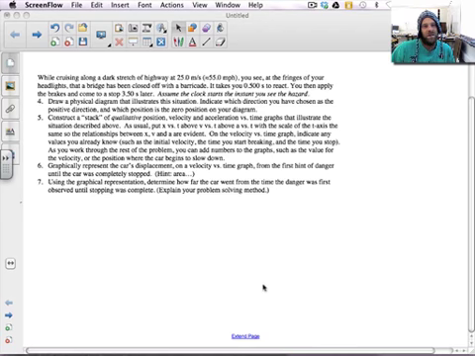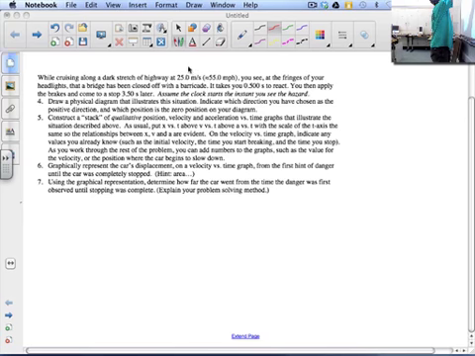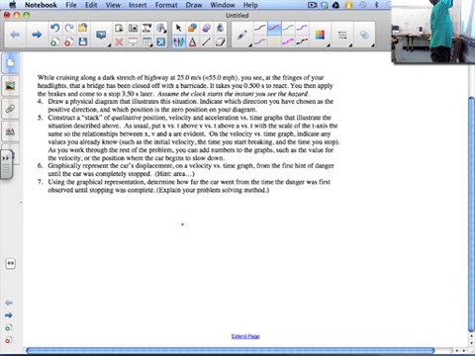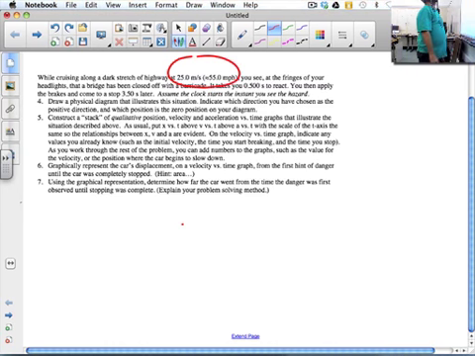Good morning. I would just like to take this time to help you begin starting to solve problems using your equations and graphs that represent constant acceleration motion. So we have a problem here. It says, while cruising along a dark stretch of highway at 25 meters per second, okay, so that would be important, 25 meters per second, which is about 55 miles per hour.